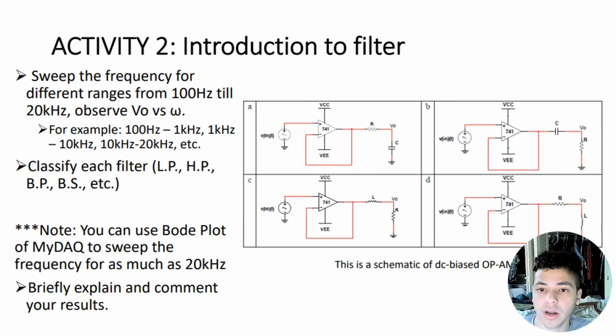For activity 2, I had to sweep the frequency for the different ranges of hertz that you can see on the screen, using the 4 filters that are presented, and I had to classify each one. For this, I used the Bode plot. The objective of this activity is to determine how the graphs change based on the hertz and the circuits that are presented, what each classification means, and how the different parts of the circuits affect it.